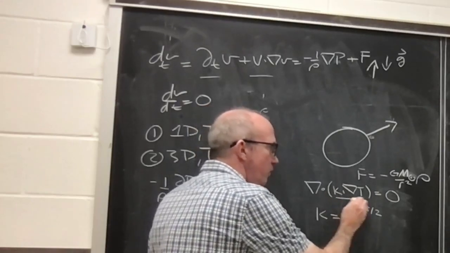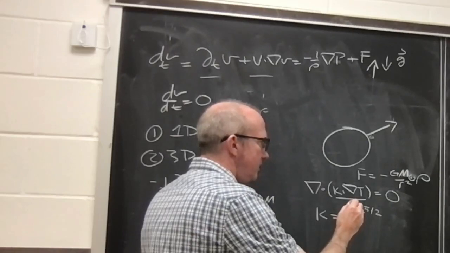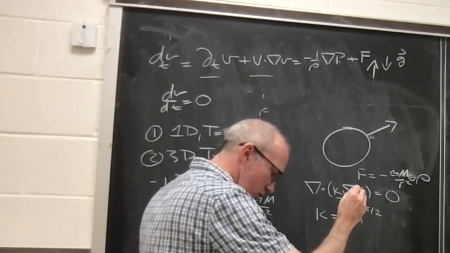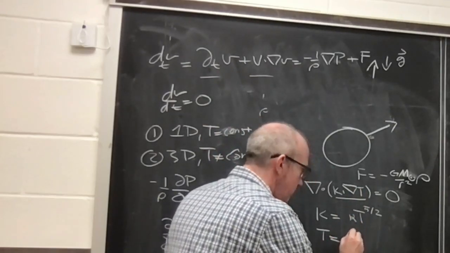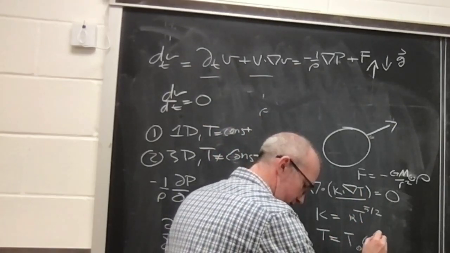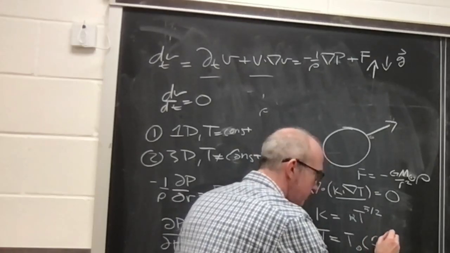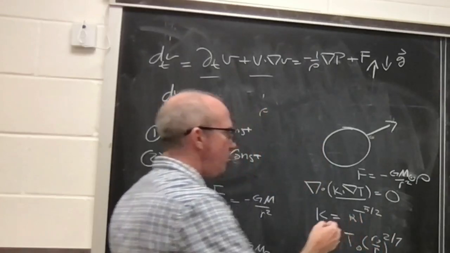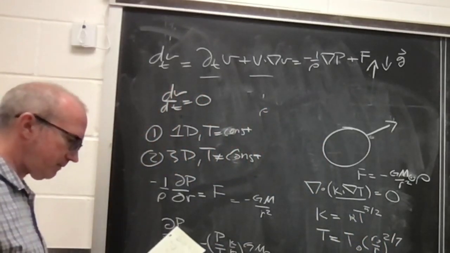So we can solve this in cylindrical coordinates, and you get that the temperature is going to go like the temperature at your surface times r naught over r to the 2/7. So you just solve this and you get that.